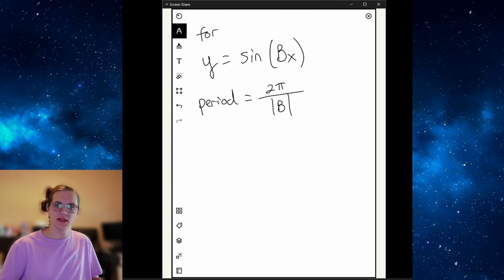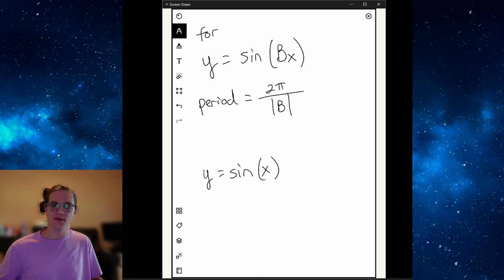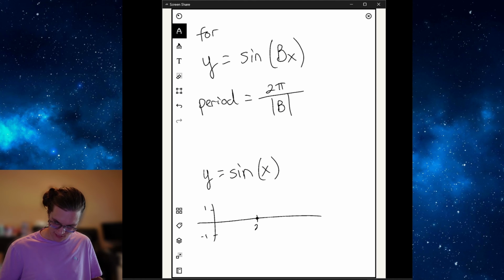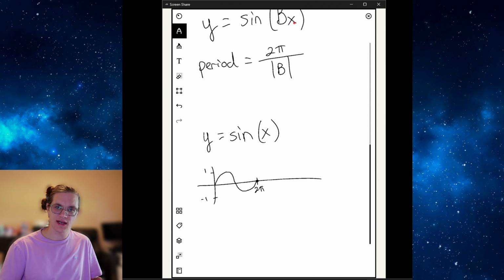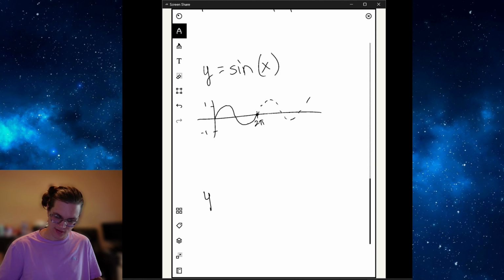The reason that's true is because you're taking the original graph right here, the standard basic sine graph, which goes to here and repeats at 2 pi. You take the original sine function, which has a period of 2 pi, and then when you have a value here, you have some other period.